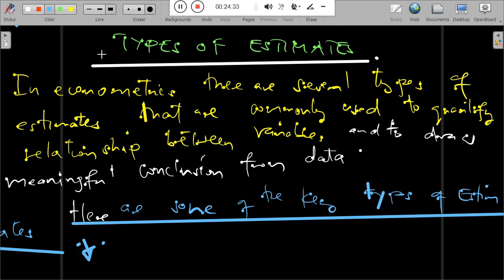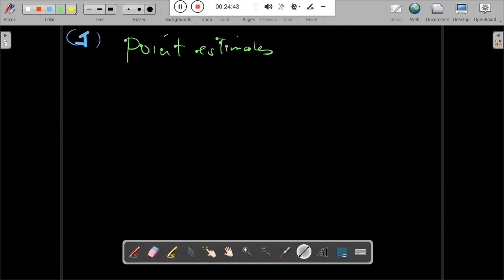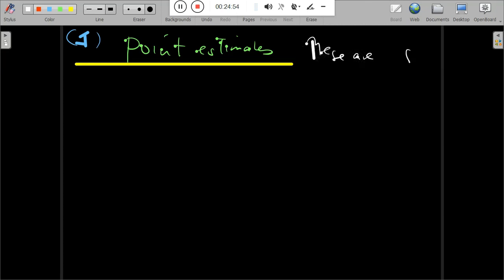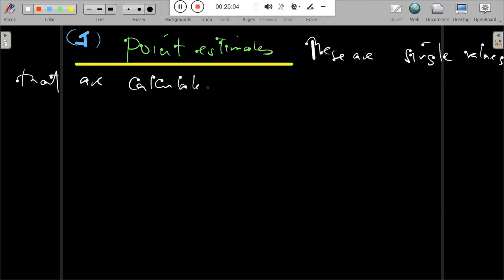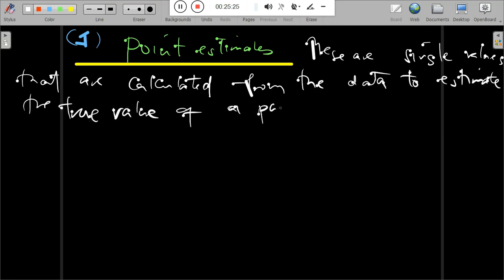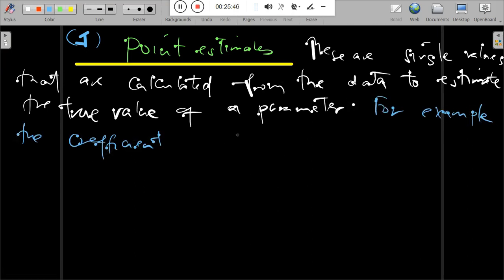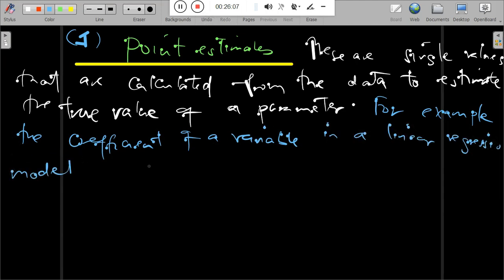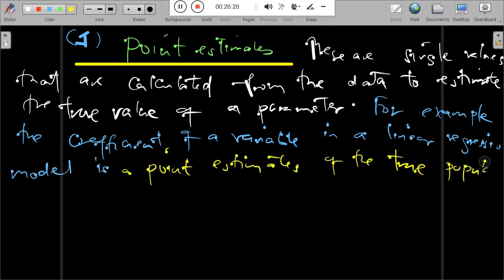The first type of estimate we are talking about is the point estimate. Point estimates are single values calculated from the data to estimate the true value of the parameter. A good example of a point estimate is the coefficient of a variable in a linear regression model, which is a point estimate of the true population parameter.